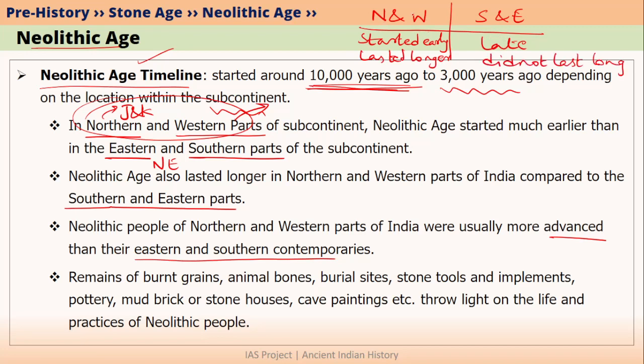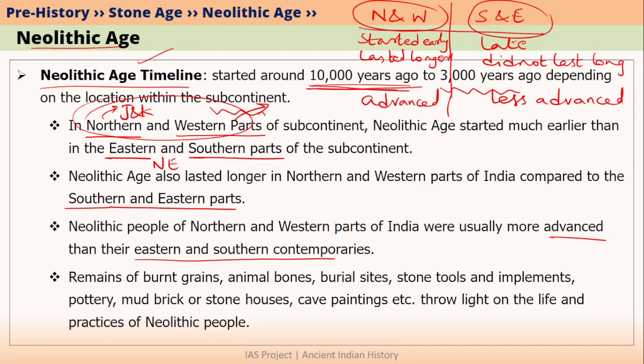Also, in northern and western part, the Neolithic Age was advanced, whereas in southern and eastern parts, it was less advanced. Advanced and less advanced are comparative terms and we are comparing both these regions. So this is how the Neolithic Age timeline is different in northern and western parts of subcontinent when compared to southern and eastern parts of the subcontinent.